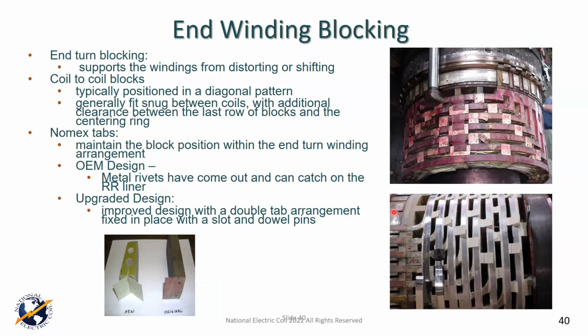You want to try to get this whole assembly pretty much as tight as you can. Now, certain OEM designs allow for more looseness than others, but if you wind any of them with the right consistent philosophy, whether it's a little bit loose or a little bit tight, you're probably okay. But keeping them tight in this region is good, because where the growth needs to take place is out here at the end.